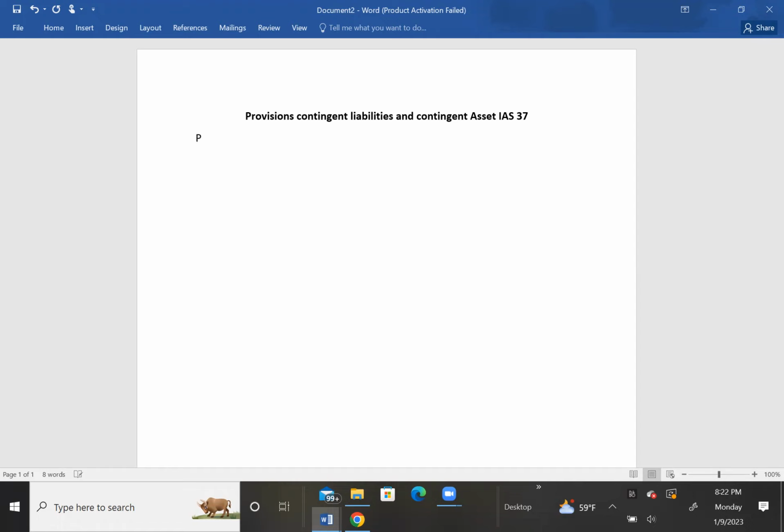So in this standard, we have three things. First of all, provision. Can anyone tell me what we mean by the provision? What is provision?